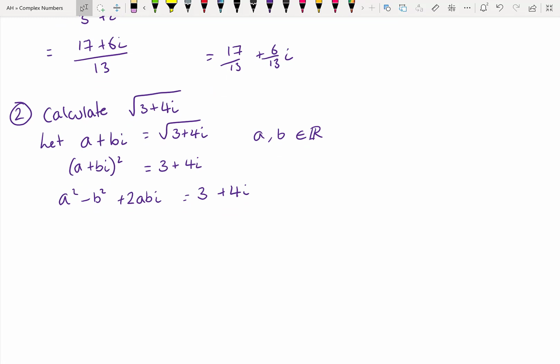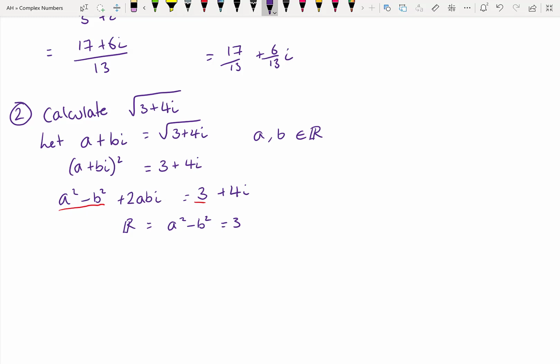What I'm going to do is split it into its parts, and so I've got my real parts. Okay, I've got a squared minus b squared on this side. Let's use a colour. I've got a squared minus b squared on that side, and my real parts on the other side are 3. So they need to be equal to 3.